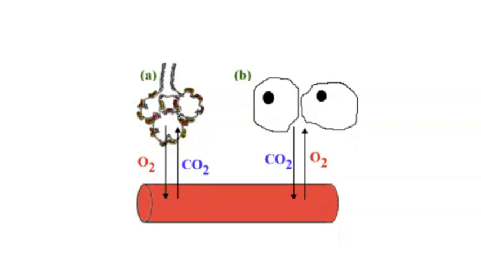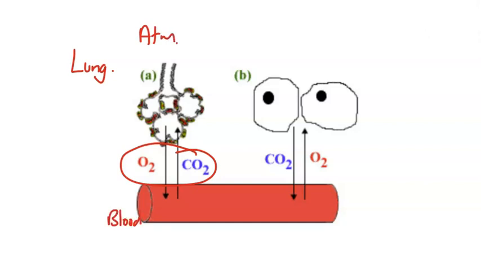So gas exchange. If we take the human lung as an example, then this takes the form at one location of the exchange of oxygen and carbon dioxide gas with the atmosphere and blood.